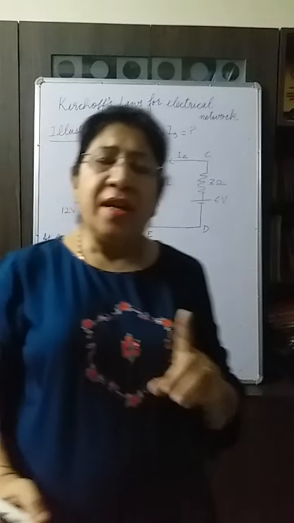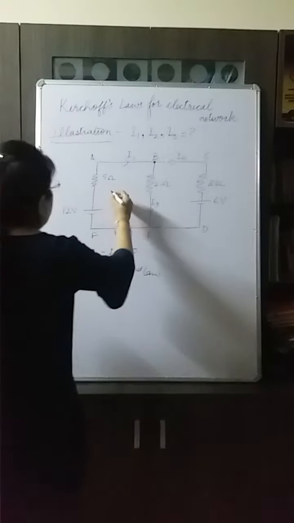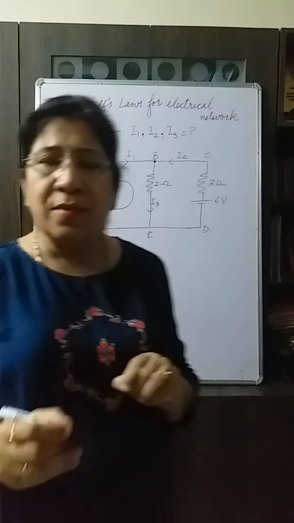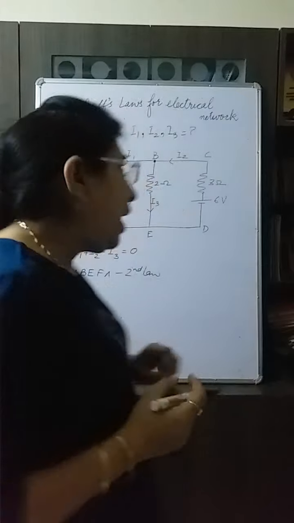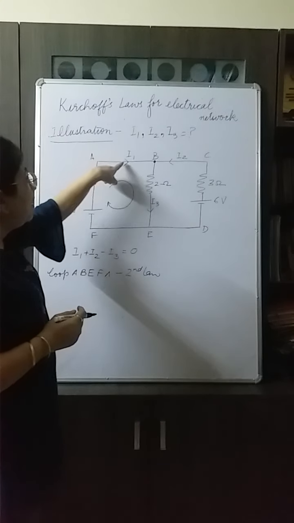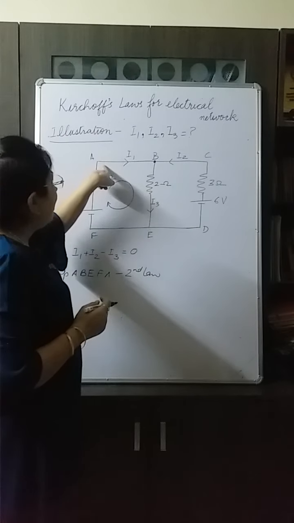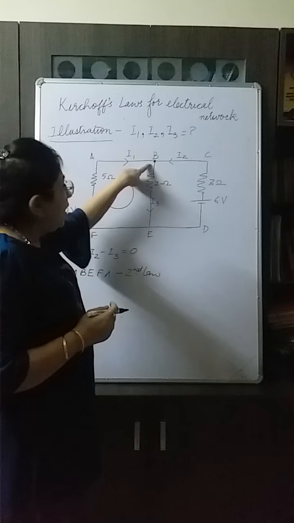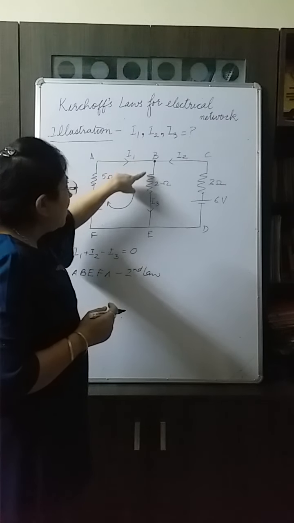First step is to choose the direction of traversal. Here I will choose the clockwise direction and start from A. When I start from A and move along the loop, I do not have any element at first, and then I move to the part of the loop with a resistance.